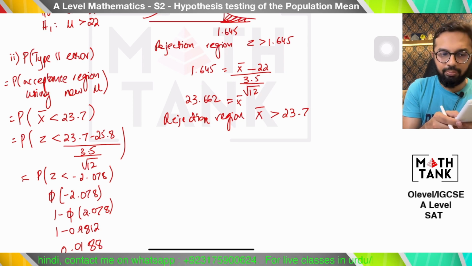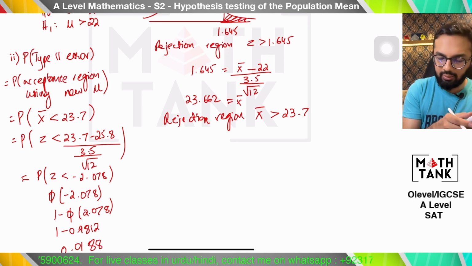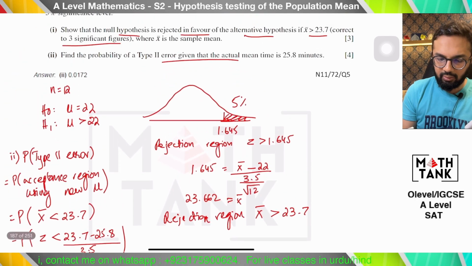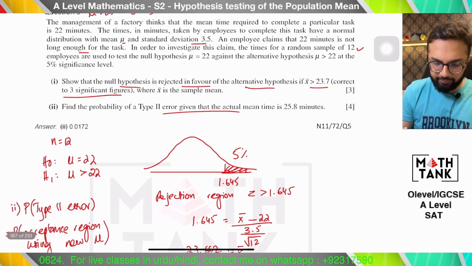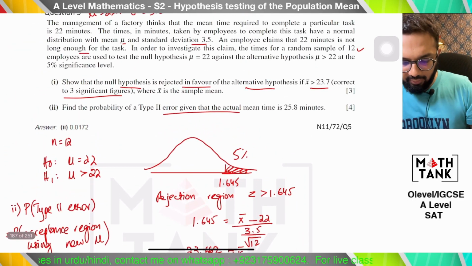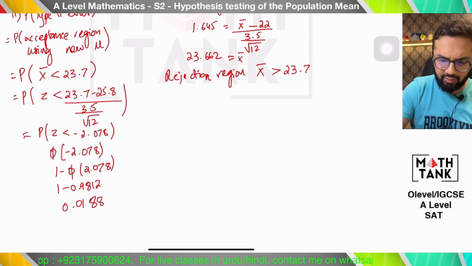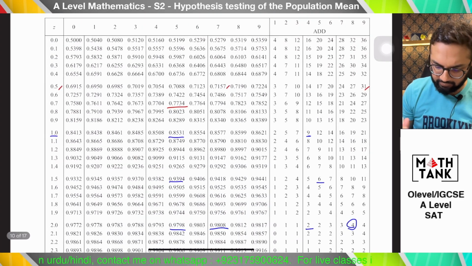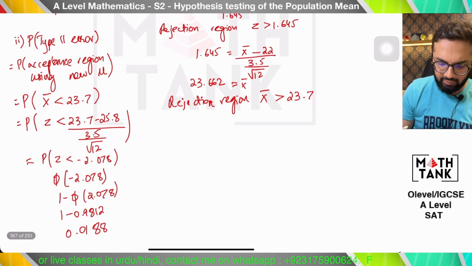Okay, I think I did not write the standard deviation correctly. 0.0172. There is a small error there. Let's find out why that is the case. 2.078. Let's check our working. Okay, that's fine. Where did I make a mistake then?